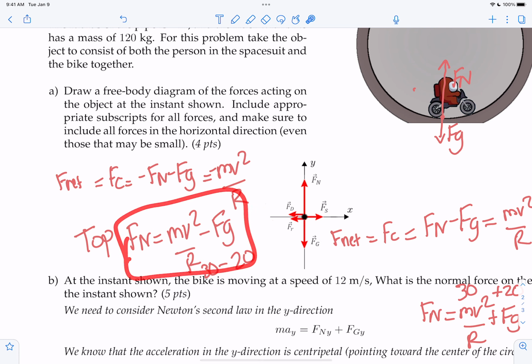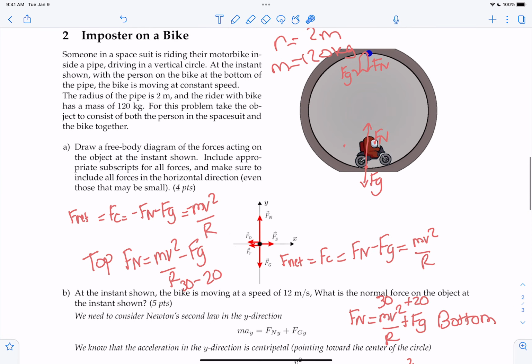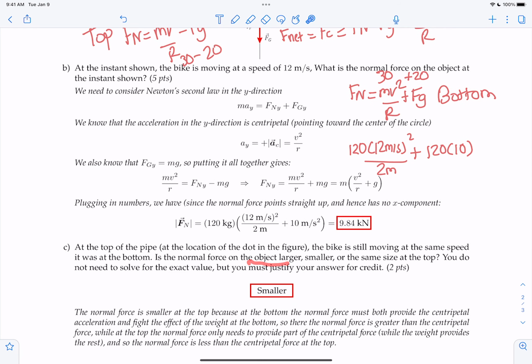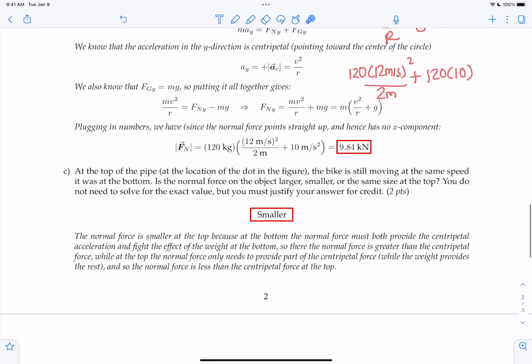If we set it equal to Fn, we can see that Fn will have to be smaller than Fg because something minus the force of gravity will give us normal force, right? So a value minus the force of gravity gives us normal force. So we can see that normal force has to be less than gravity in this case. Well, if normal force was greater than gravity, and all of a sudden it's less than gravity, then there was a decrease in normal force. So at the top, the normal force has to be smaller, right? And they say the normal force is smaller at the top.